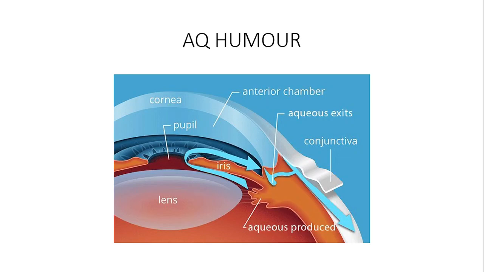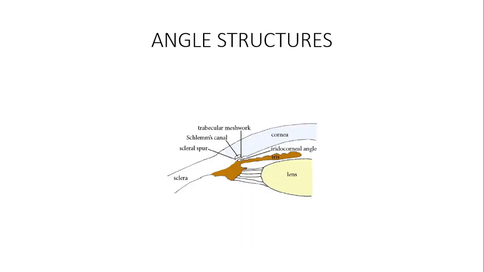Now let's focus our attention on the conventional method. How does it happen? Once aqueous humor is produced at the posterior chamber, it enters through the pupil and reaches the anterior chamber.